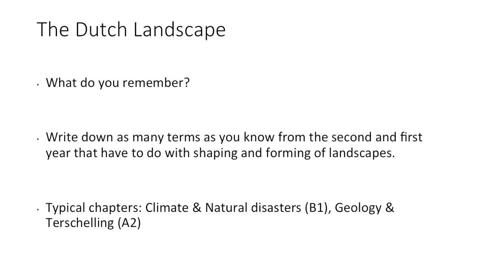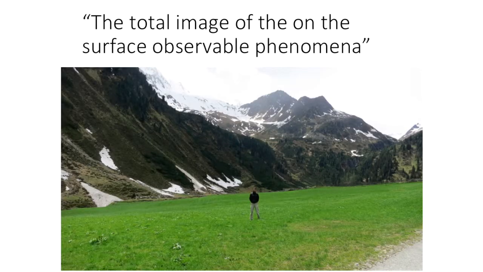So some of you came across savannas, steppes maybe. Other people wrote down processes in shaping the landscape, such as soils, erosion, sedimentation, pioneer plants, all these things.